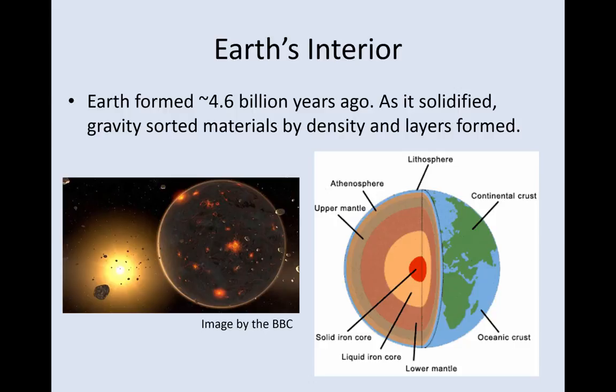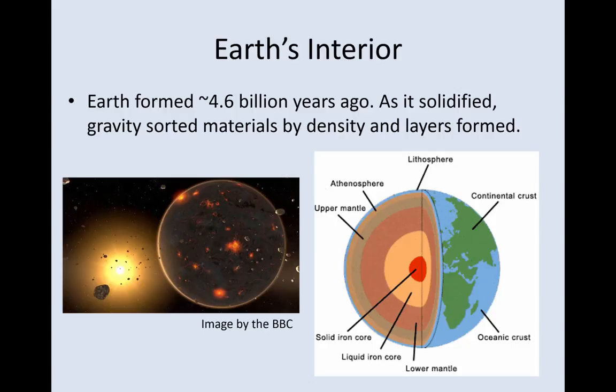So the Earth is actually made of a lot of the same materials that go into the other planets of the solar system. It also creates a structure that's somewhat sorted by density.